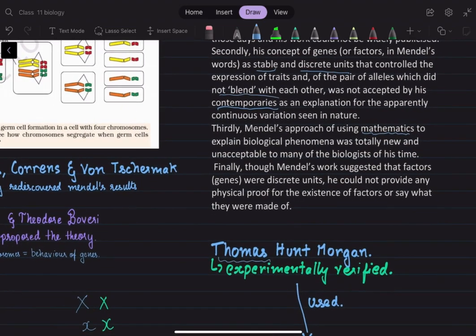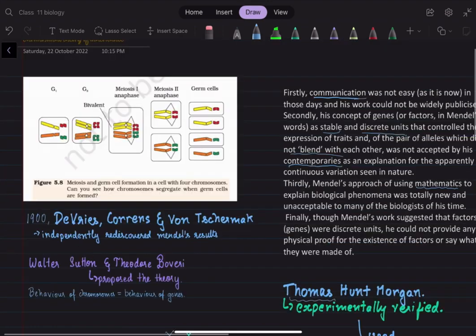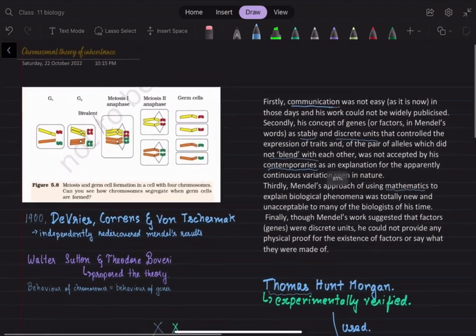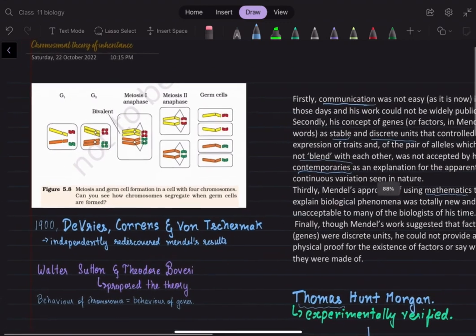And then finally, Mendel's work suggested that genes were discrete units, as I told you, but a physical proof was not there. He only performed experiments, and those experiments had to be verified, but there was no physical proof as such. So that is why point 2 did not help in the recognition of his work.